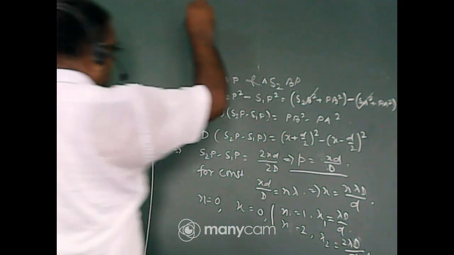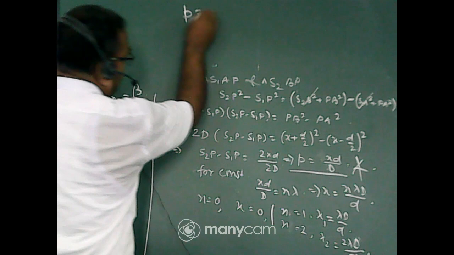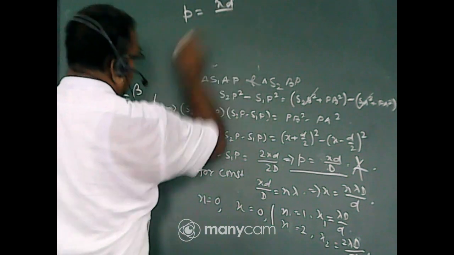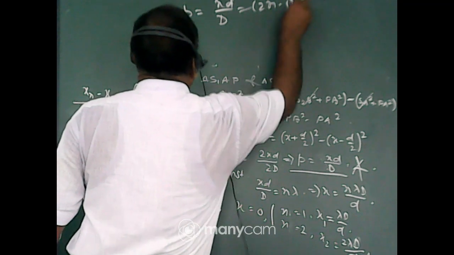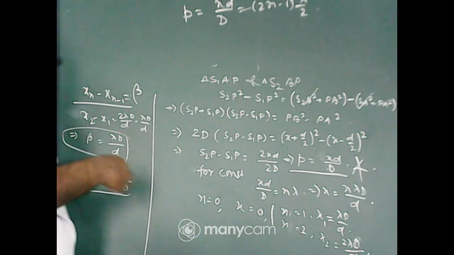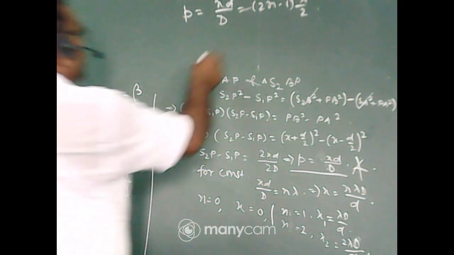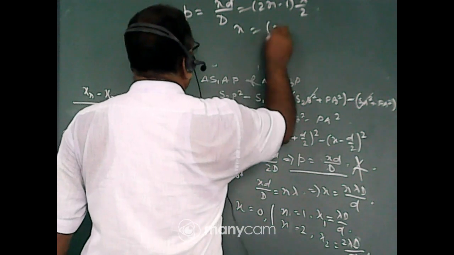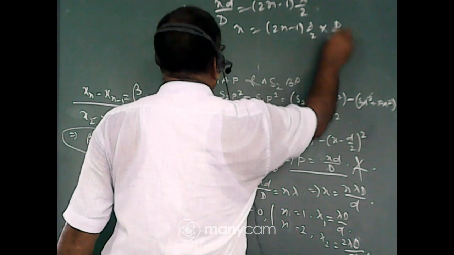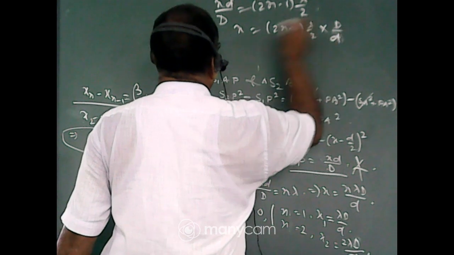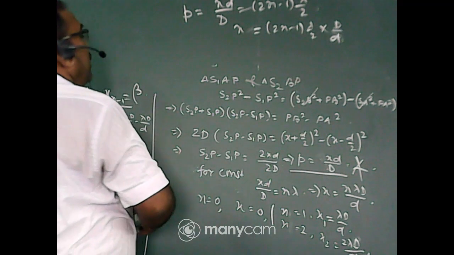For the dark fringe, the value of p equal to x d by capital D equal to (2n minus 1) into lambda by 2. So you can find out x equal to (2n minus 1) into lambda by 2 into capital D by small letter d.